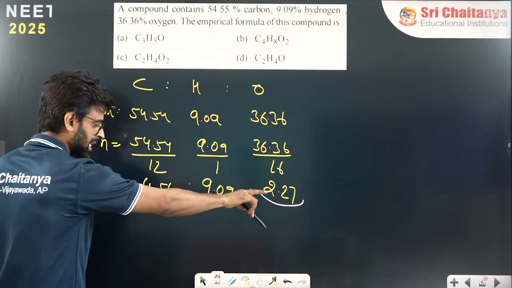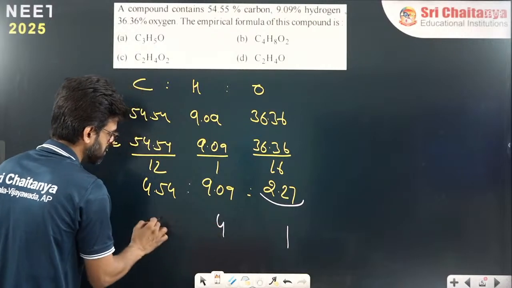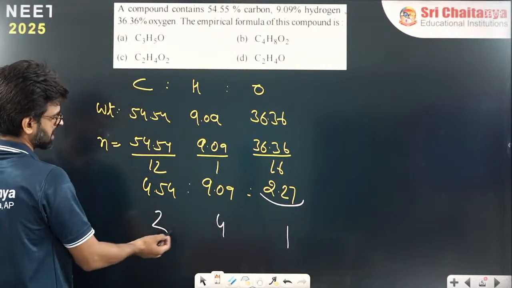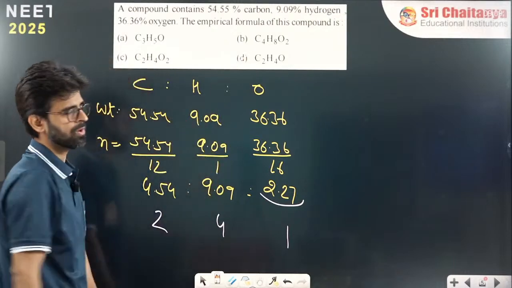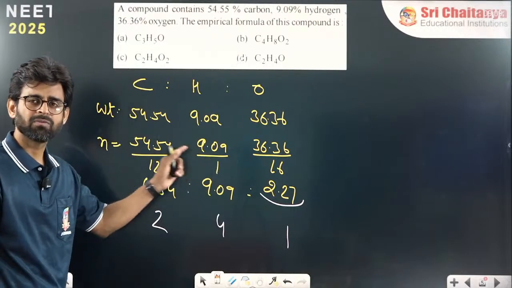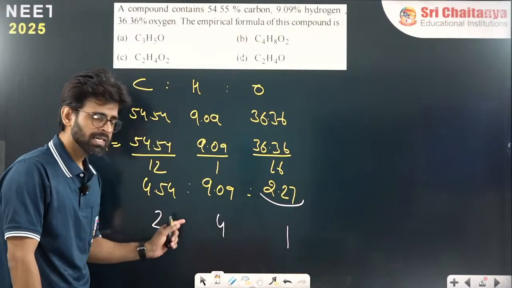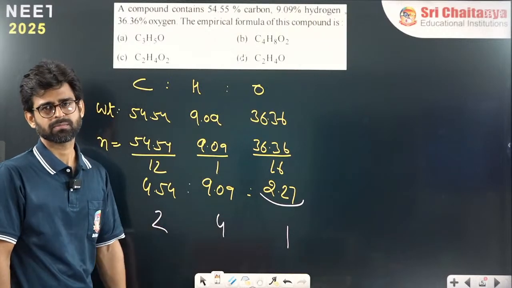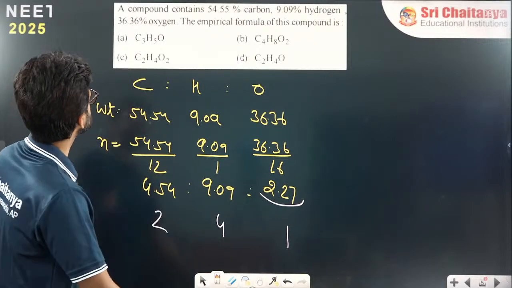Divide every number by the smallest number: gives you 2, gives you 4, gives you 1. The formula is C2H4O1, right? This way, they give the mass percentage, you divide by molar weight, and you get the molar ratio, and the simplest molar ratio gives you the empirical formula. That's it. Easy question, right?